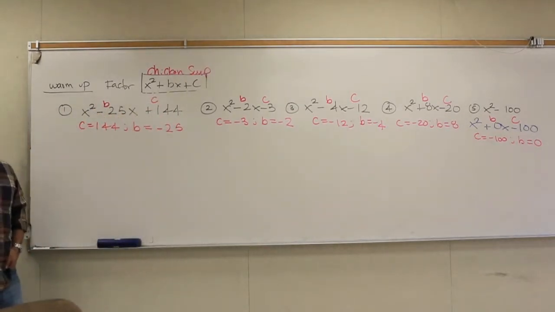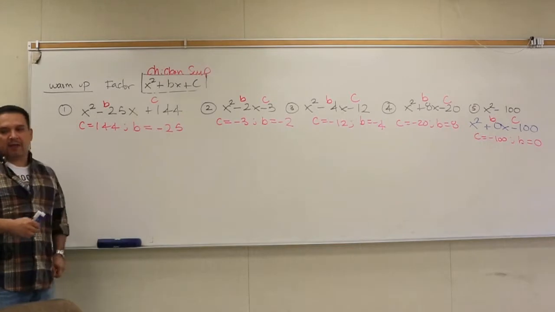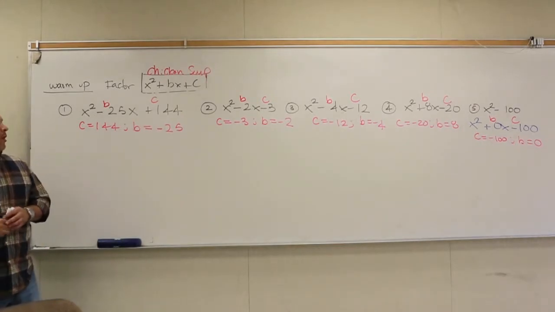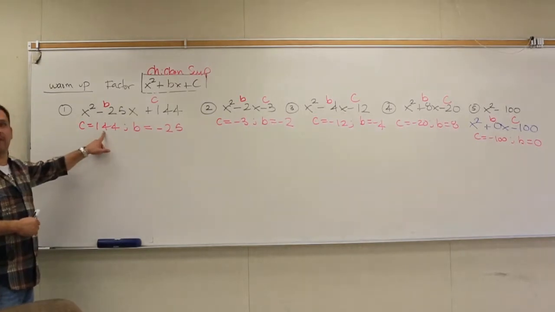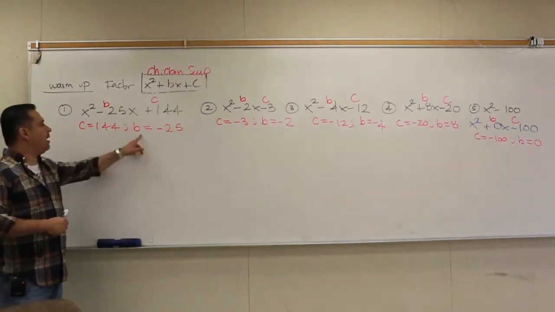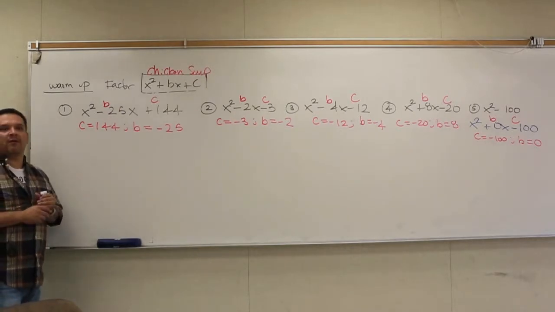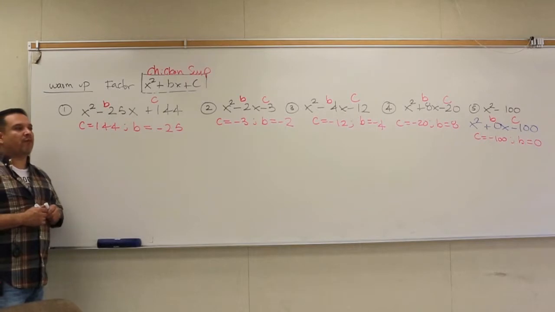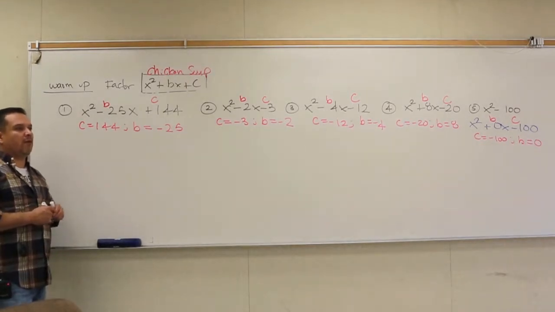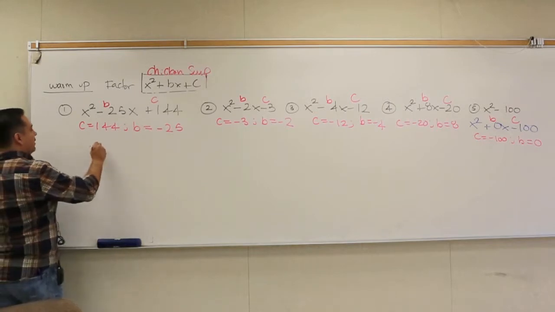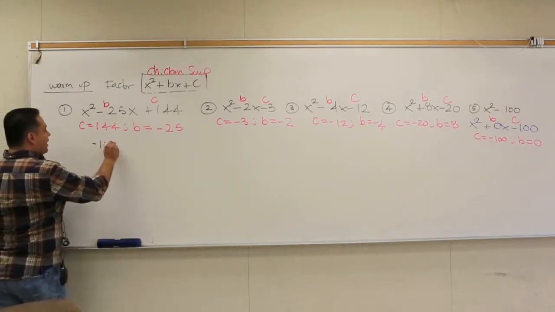So remember, what was step 2? Find a pair of numbers whose product is c, 144, but whose sum is b, negative 25. What did you get for the warm-up? What were the 2 numbers? Okay, negative 16 times negative 9.